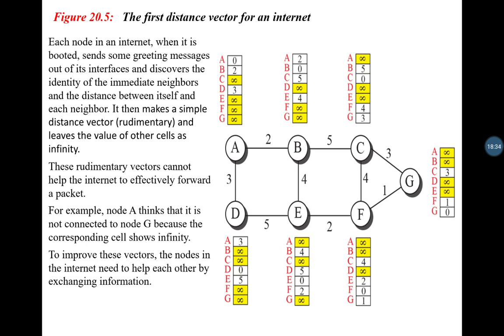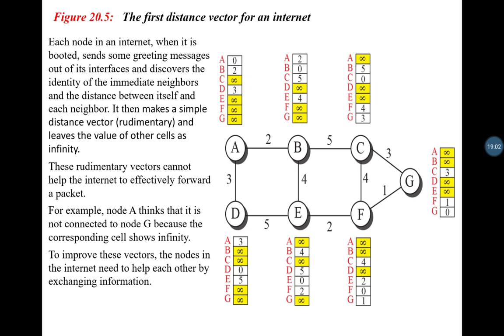The node sends greeting messages out of its interfaces and discovers the identity of the immediate neighbors and the distance between itself and each neighbor. It then makes a simple distance vector by inserting discovered distances in the corresponding cells and leaves the value of the other cells as infinity.